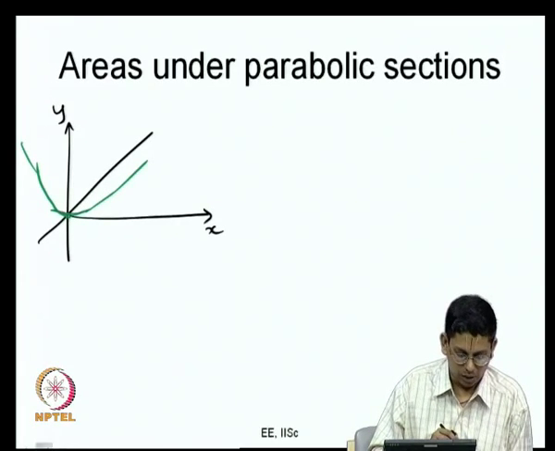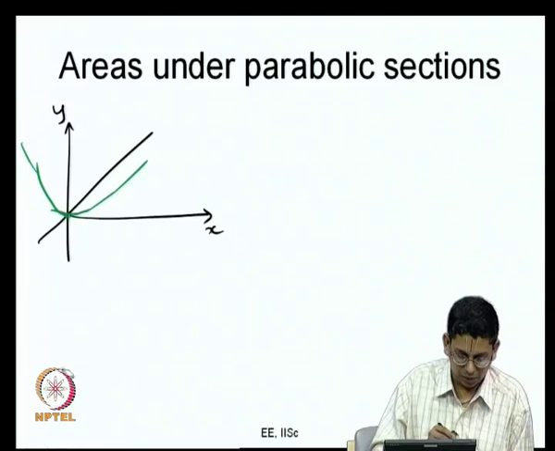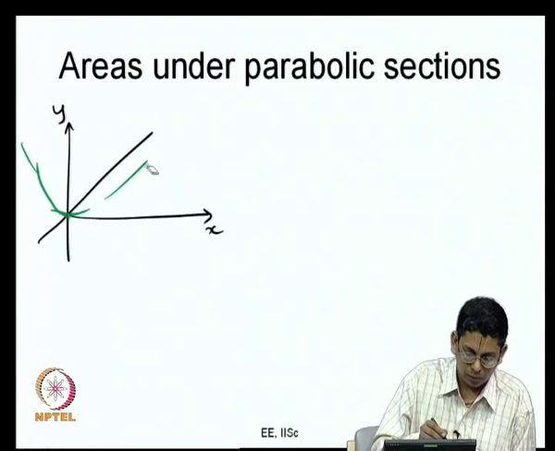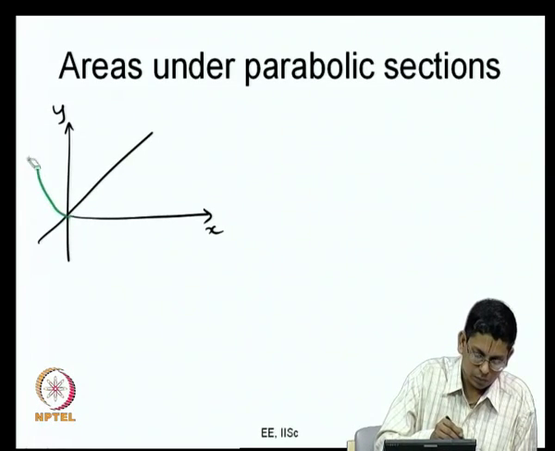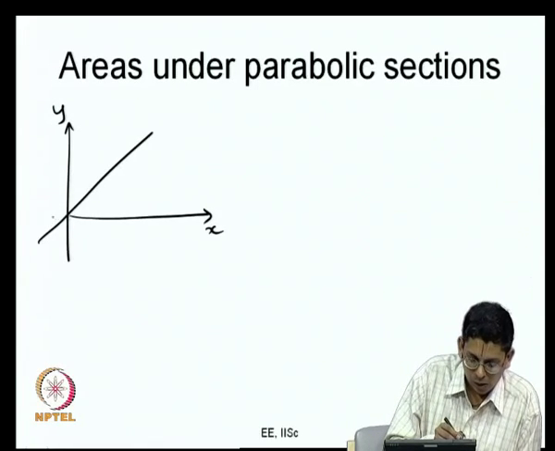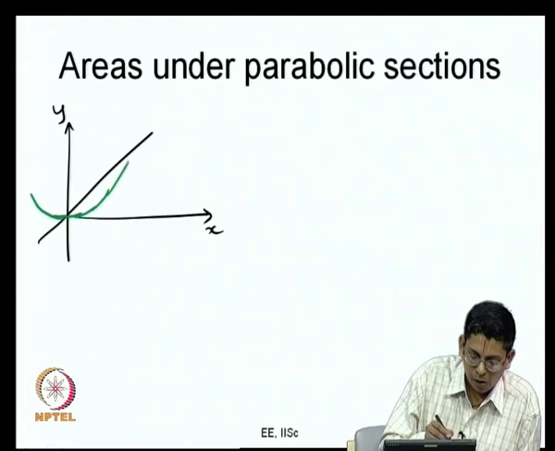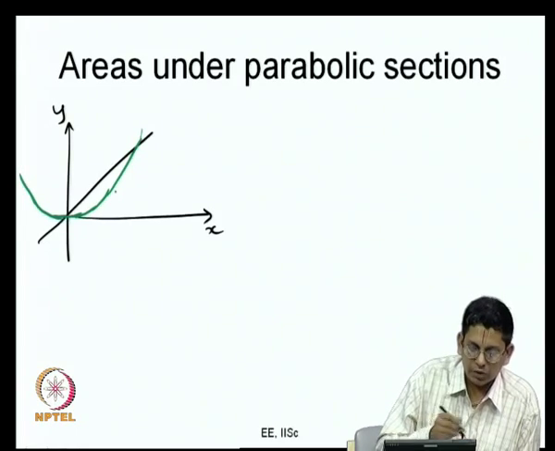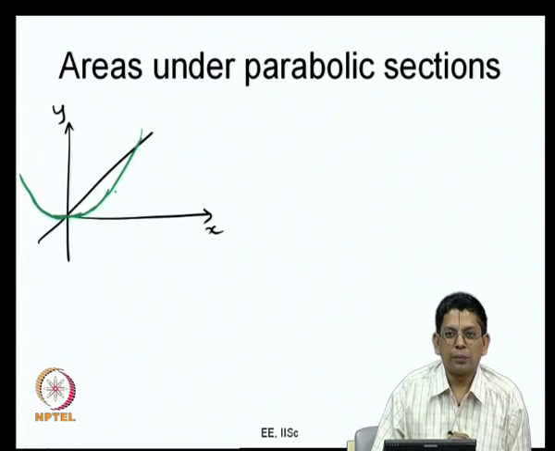Now, it does not look symmetric, let me redo that. So, this will be flat, 0, and the slope will also be 0 here, and this would be symmetric on both sides like this. This is how it will be.